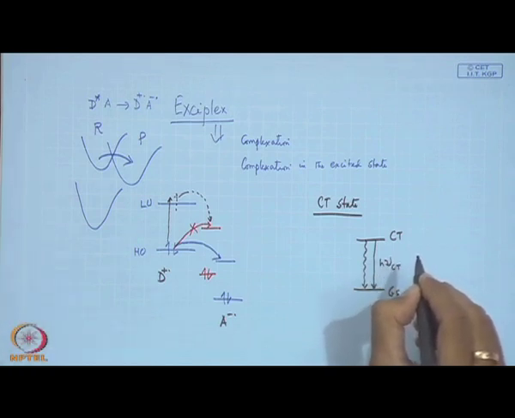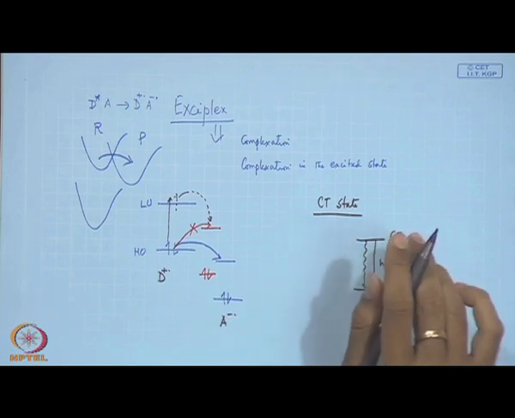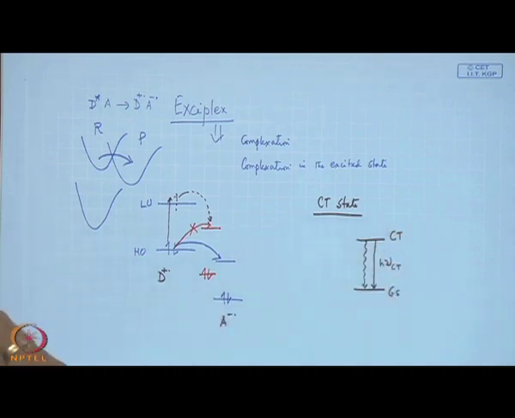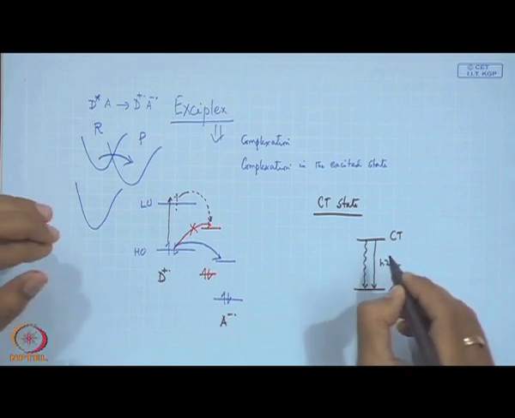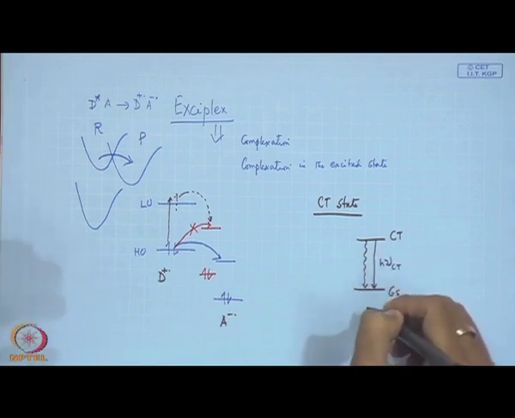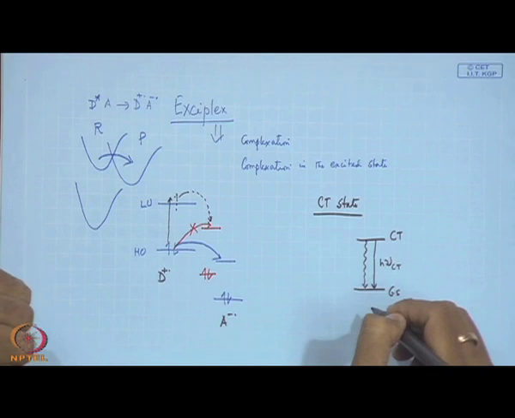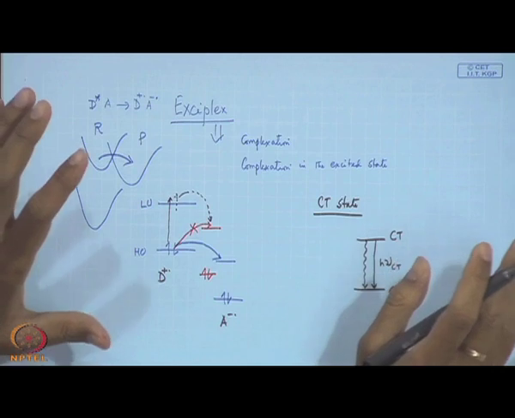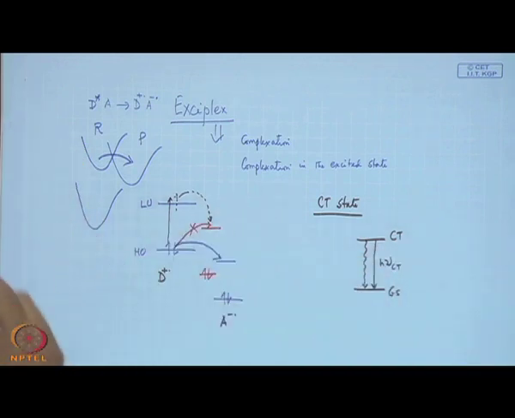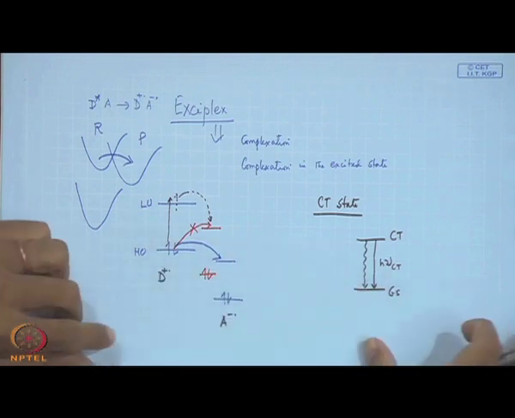Depending on the external environment, we can have h nu CT or no h nu CT, that is, the charge transfer state may not emit. That is why the solvent has enough importance in such electron transfer or charge transfer processes in the excited state.